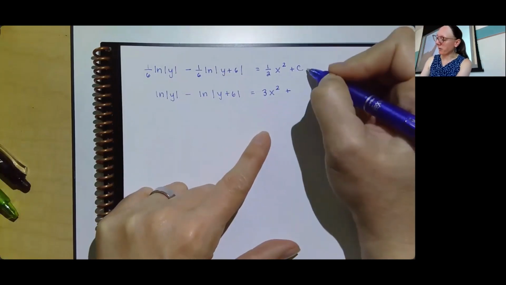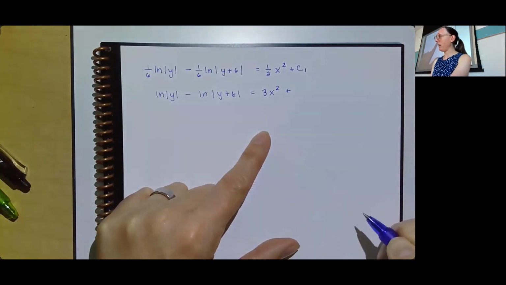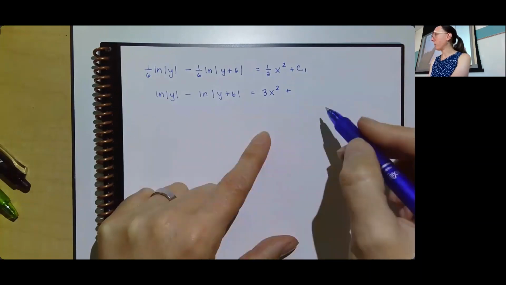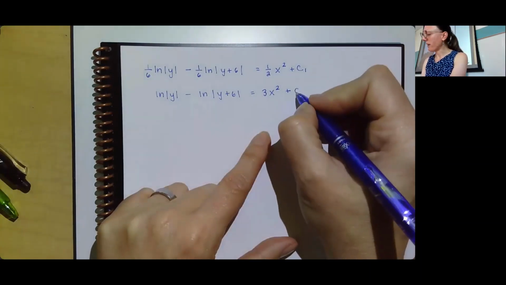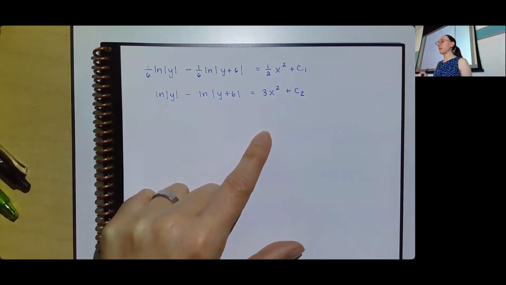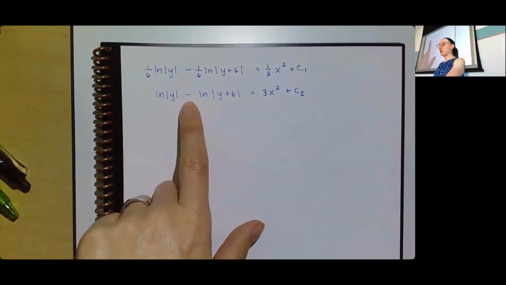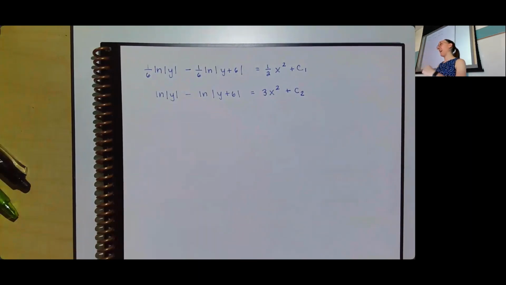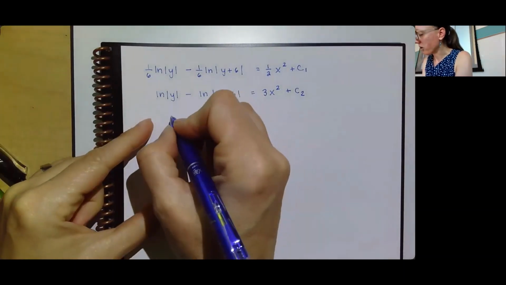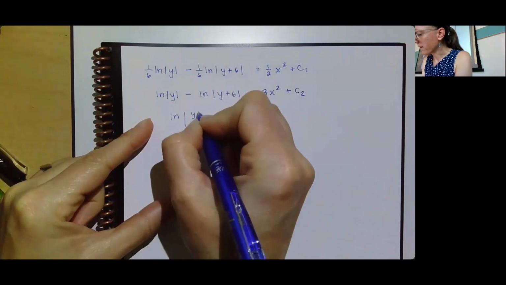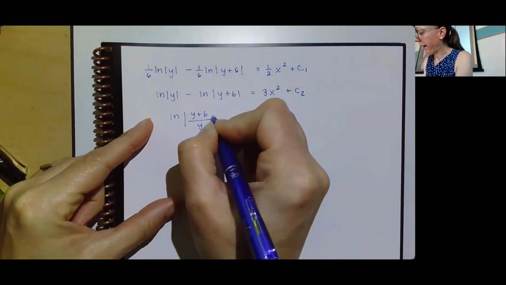And this is where I'm going to go ahead and label that C1. I multiplied everything by 6, so I'm going to call that C2. It's not the same constant, but it is a constant. Subtraction between logs, that I can combine together. So that subtraction between logs, I can turn into y plus 6 over y.